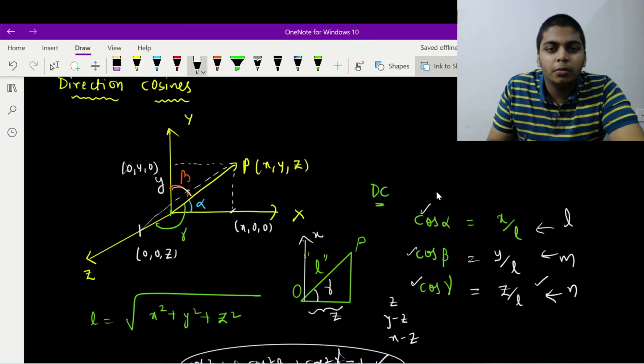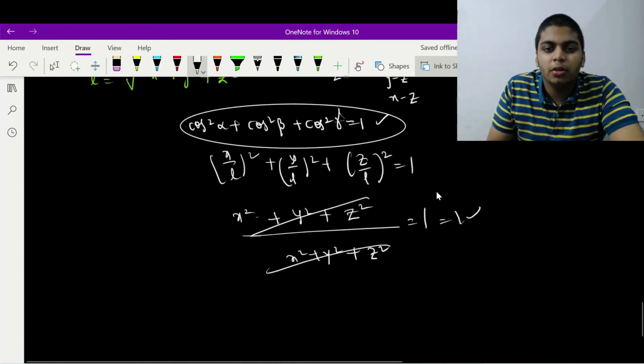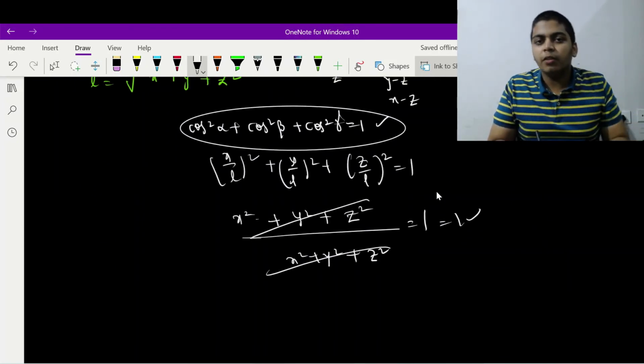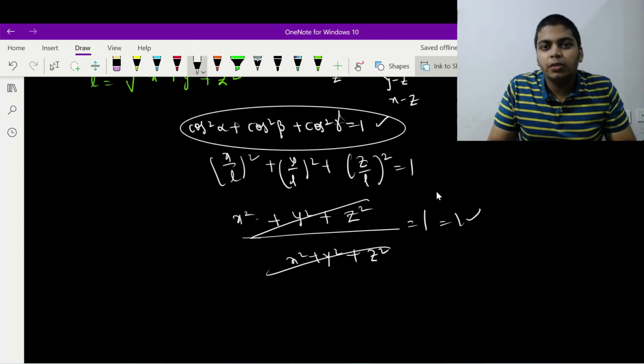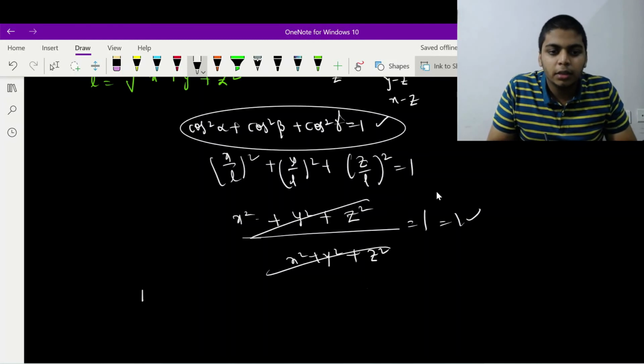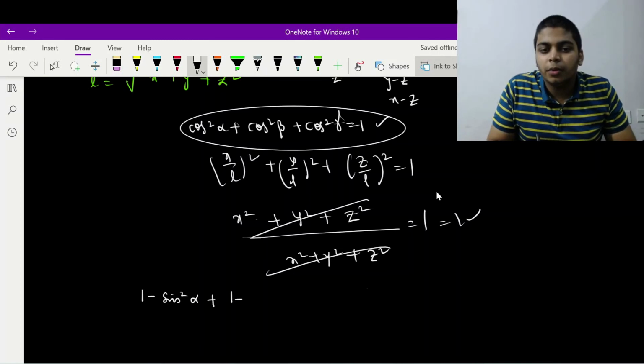Now sometimes you'll also be asked this question: what is the value of the sum of squares of sine alpha, sine beta, and sine gamma? So you can do this like: cos square alpha can be written as 1 minus sine square alpha, and your cos square beta can be written as 1 minus sine square beta, and your cos square gamma can be written as 1 minus sine square gamma, and the sum is 1.